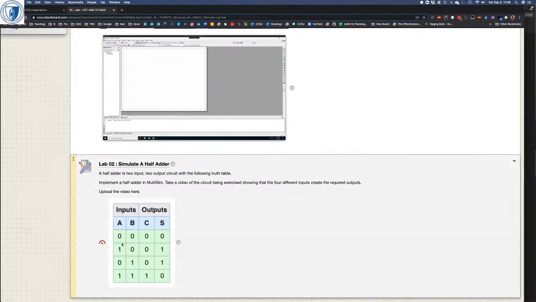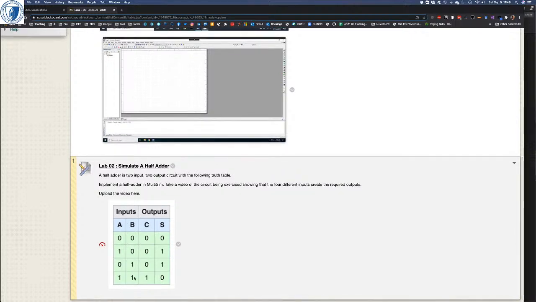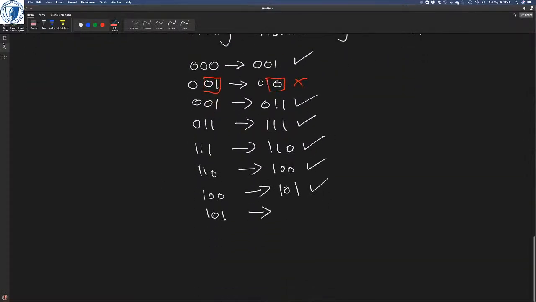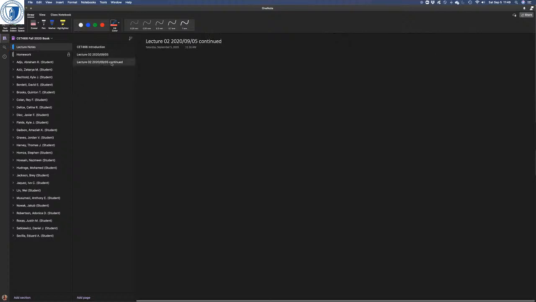There's 4 different inputs here, 0 0, 1 0, 0 1, 1 1, and I want you to show that those inputs generate the right outputs in multisim. Does everybody remember what multisim does? I hope so.